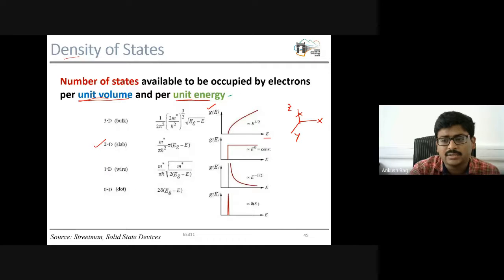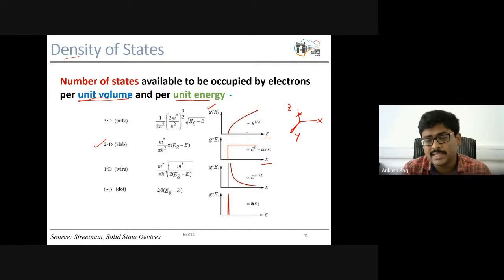So all the calculations we need to perform consider that the semiconductor has only X and Y, these two dimensions. And when we have these two dimensions, the density of states variation with energy will be different. It will not be the same.